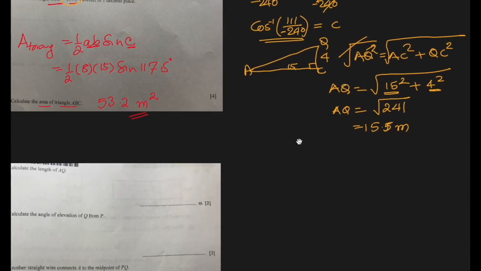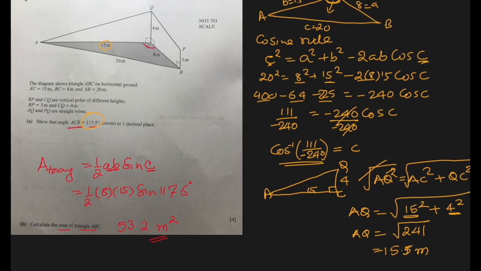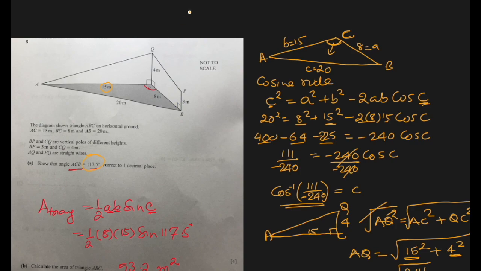Okay, what next? Calculate the angle of elevation of Q from P. Q from P, this one. If I draw a parallel line to this 8, this angle they're saying, this is angle of elevation from P to Q, right? Let me redraw this here.